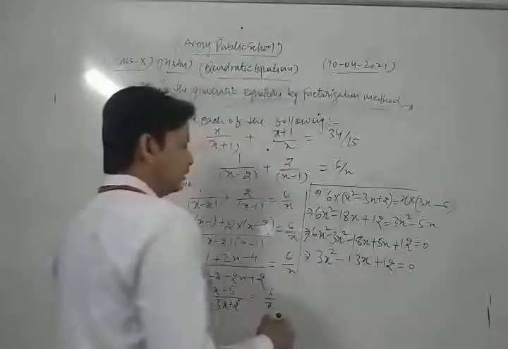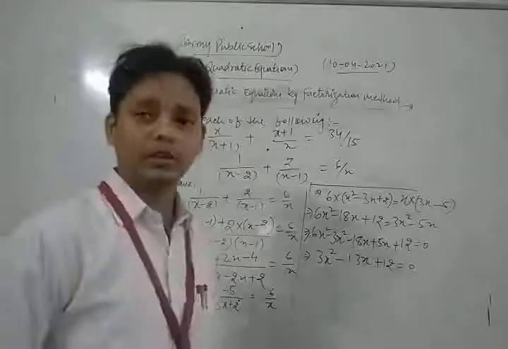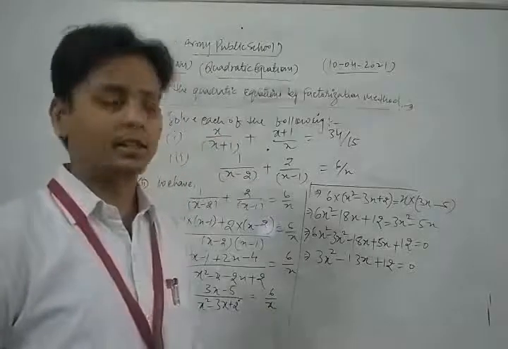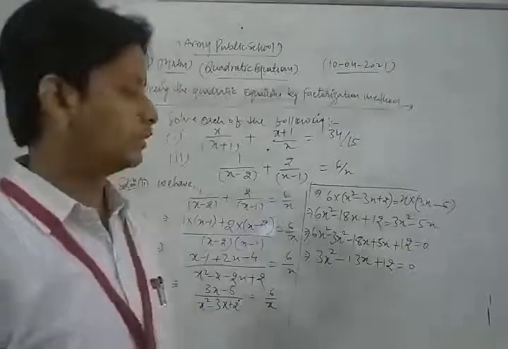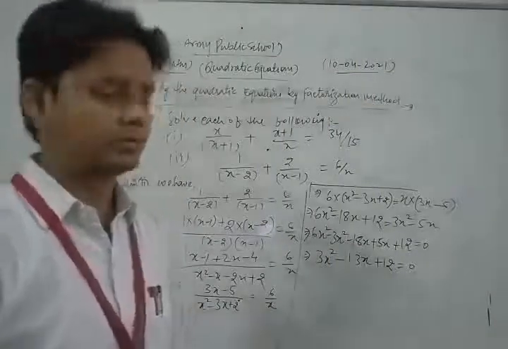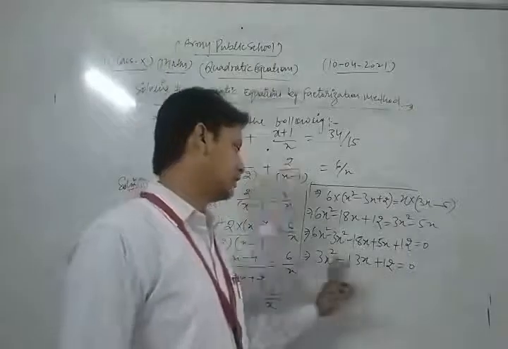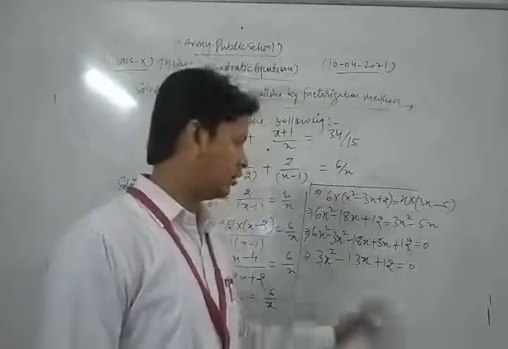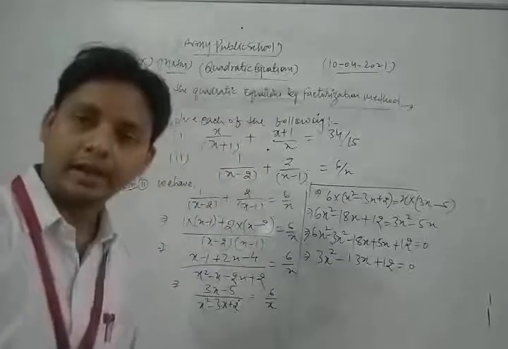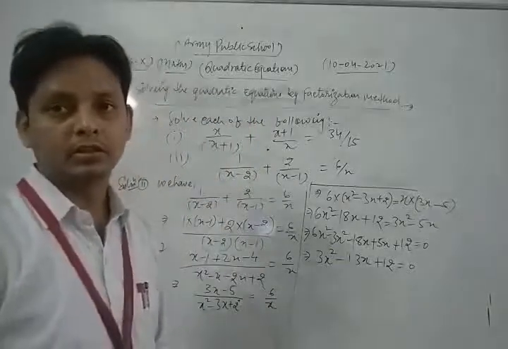Now we simplify. We factorize the given equation by using the method of splitting the middle term. So 12 threes are 36. Now we split 36: 9 fours are 36, and 9 plus 4 is 13.